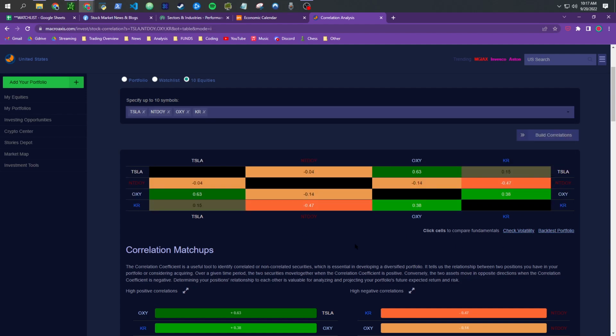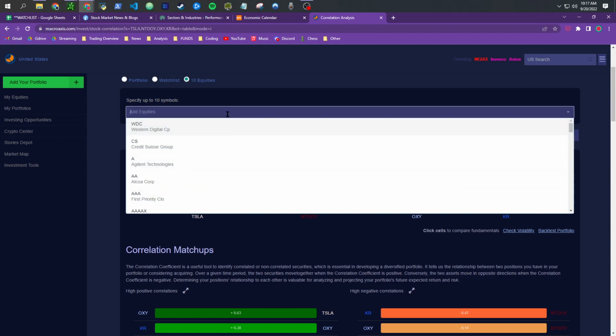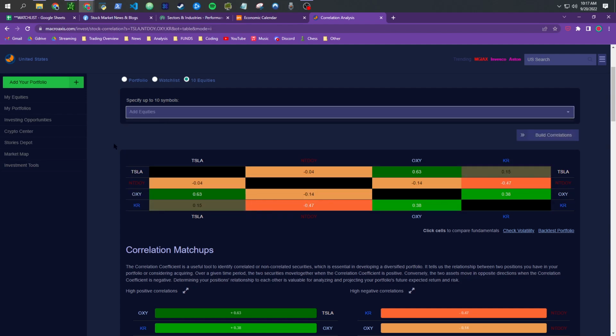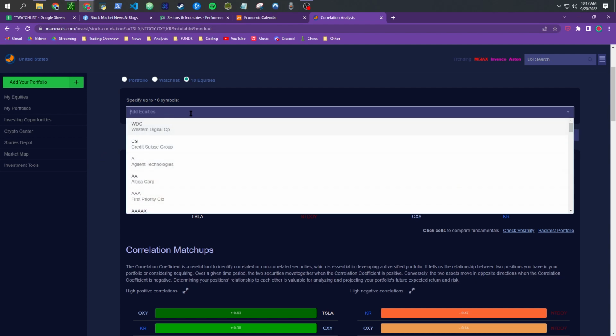So incidentally, these stocks are not very highly correlated. Occidental to Tesla is 0.63. So I think a lot of people say, yeah, that's fine, no big deal. When everything's over 0.8, then it's like, okay, maybe your stocks are all going to move the same direction always, right?